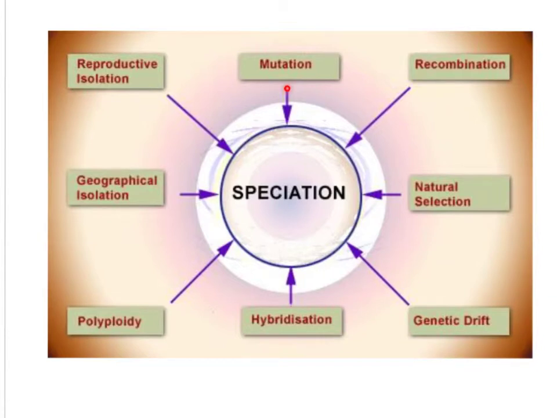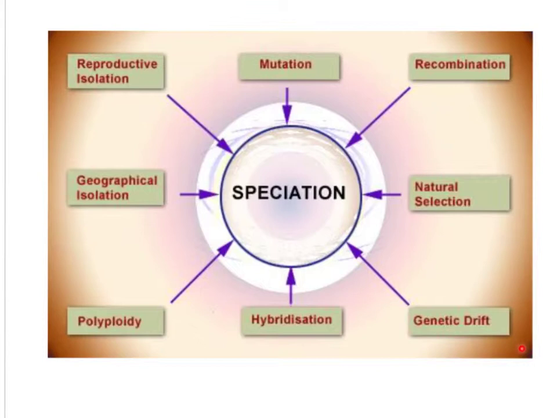So remember, different kinds of isolation, reproductive types of isolation, geographic isolation. We have natural selection occurring that can lead to eventual speciation, where certain traits are chosen, and over time it leads to a new species.